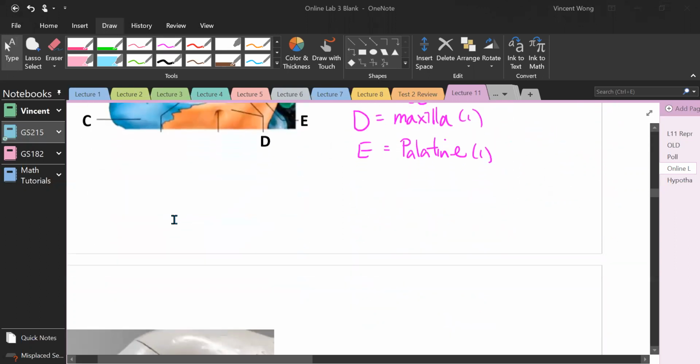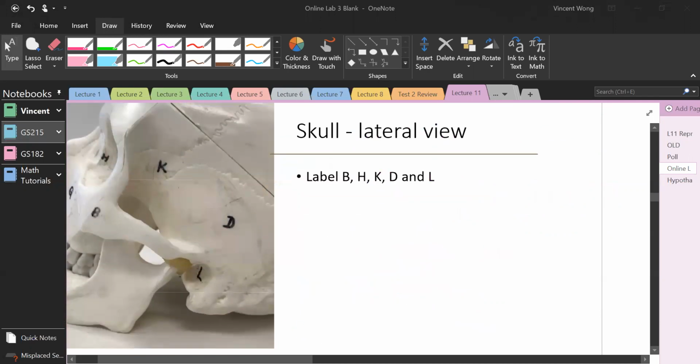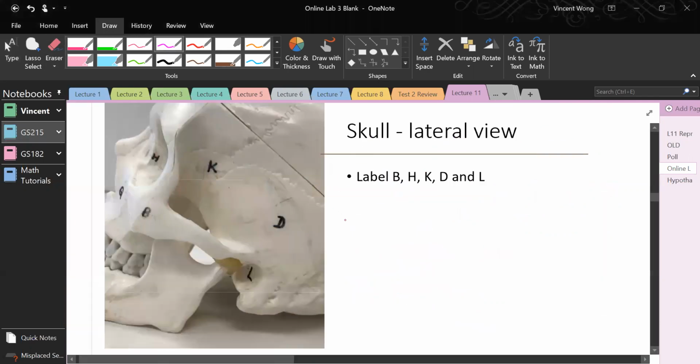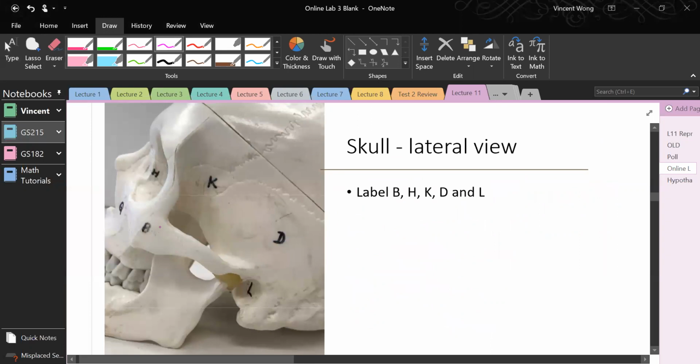All right, more models. Label B, H, K, D, L. That's the zygomatic. H here is this bone right here.